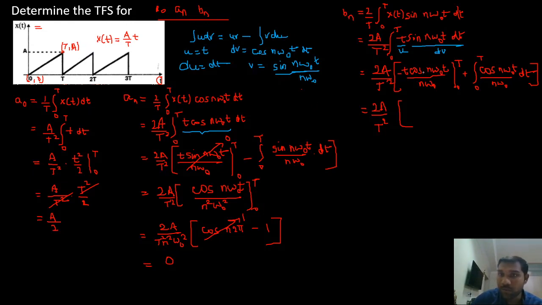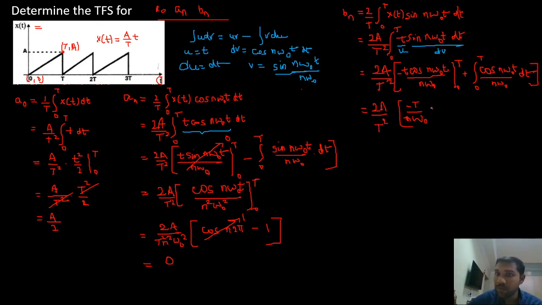This becomes 1, and I have minus t here. In place of t I substitute T, so minus T by n omega naught, minus, in place of t if I put 0, it is 0.